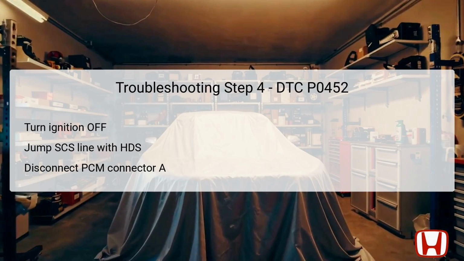Ensuring continuity in this step guarantees that the wiring is intact and functioning as expected. If continuity is established, proceed to repair any faults detected. However, if continuity isn't present, it solidifies that the P-tank wire is functioning properly. Hence, moving towards updating the PCM as the next course of action.